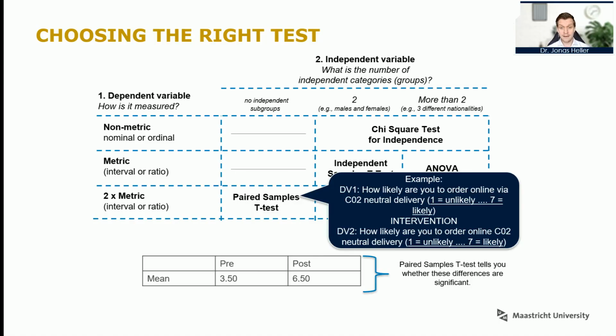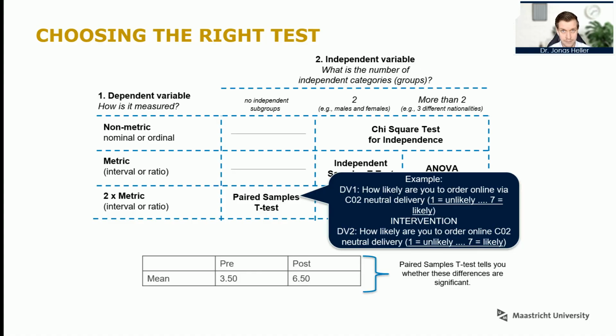So we ask them again, and the second time, after they've seen this intervention, this video, how likely are you to order online CO2 neutral delivery? And then we get another average, right? In this case, in this example, after participants have seen the video, they score a 6.5. And the paired sample t-test tells you whether the differences between the pre and post measurement in this example are statistically significant.